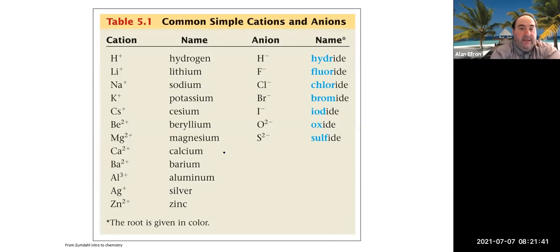So that is the way that we name run-of-the-mill ions that are by themselves. If you were asked to write the formula for the anion, just like the cation, it would look something like what we see here, and the importance of that is it should have charges associated with it.